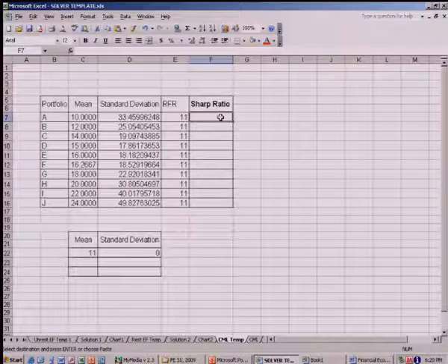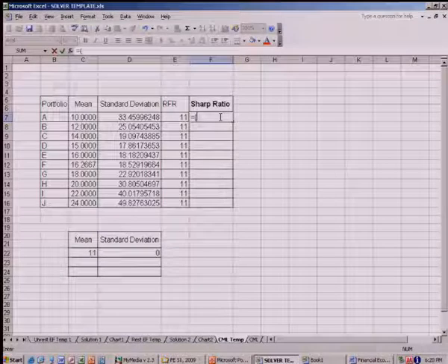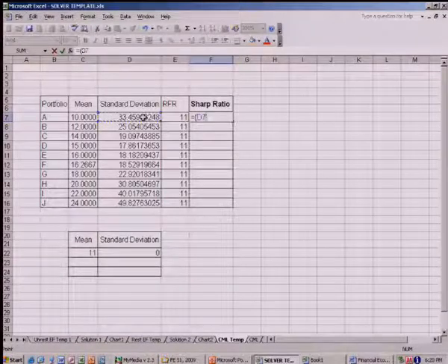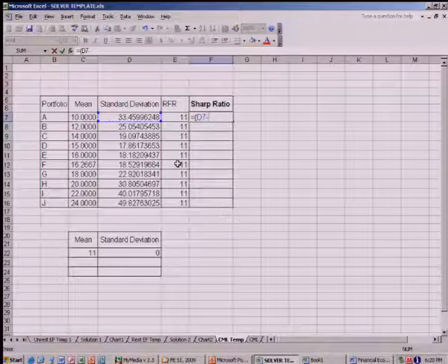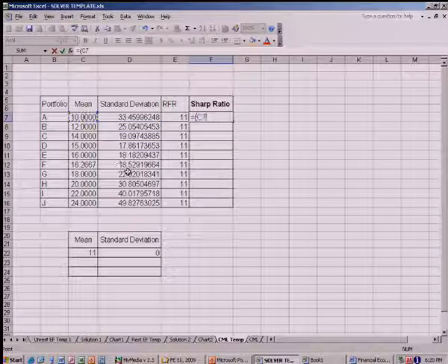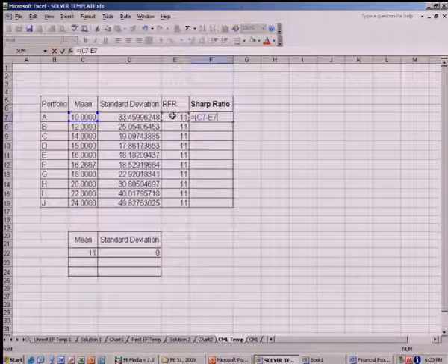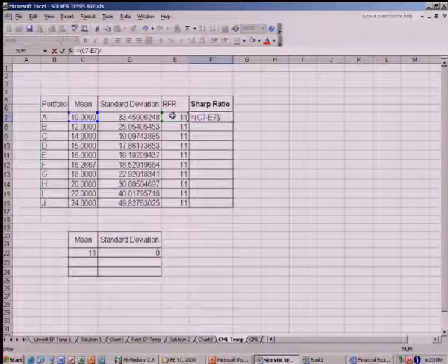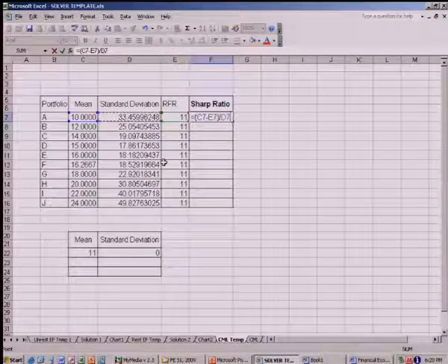So you would enter the equal sign, enter the brackets, and then say the expected return on the first optimized portfolio minus the risk-free rate of 11%, close the brackets and divide that by the standard deviation on this first optimized portfolio.